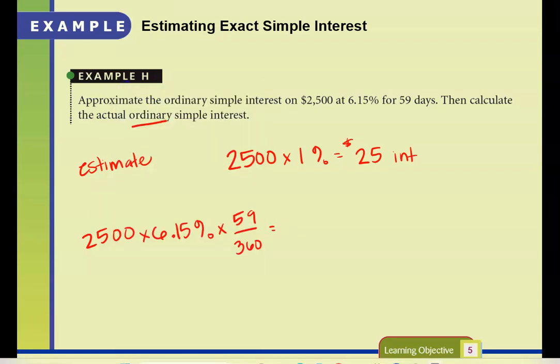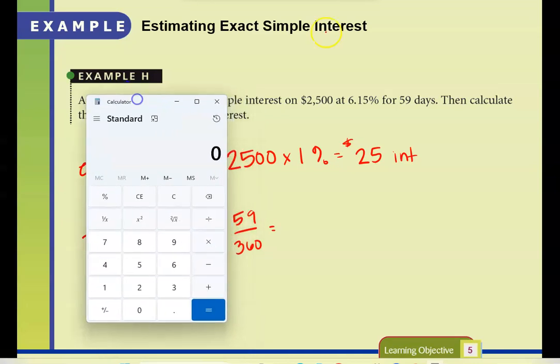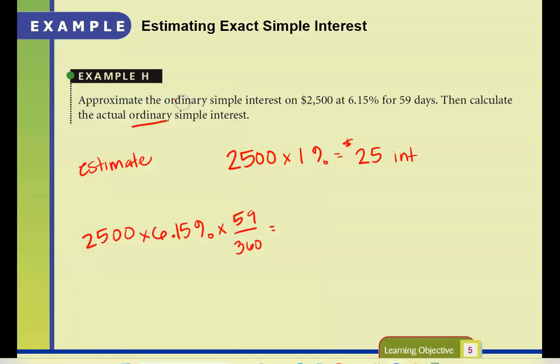Let's take a look at this on our calculator. I'll take 2,500 times 6.15%. That'll give me 153.75, times 59 divided by 360 gives me $25.20.